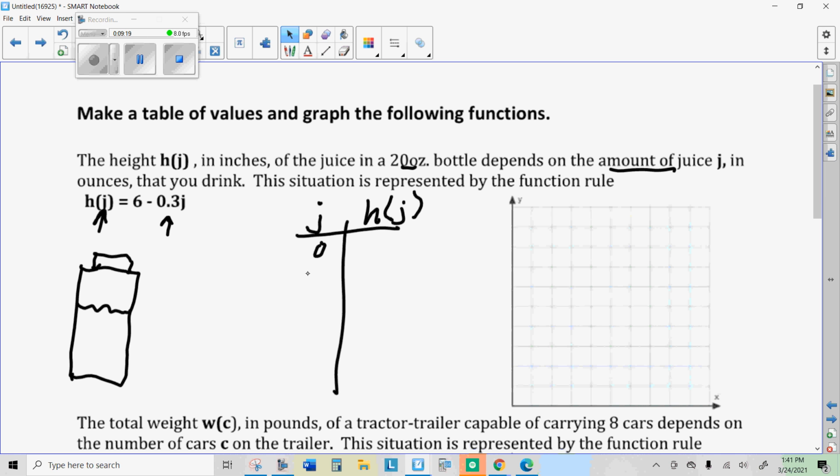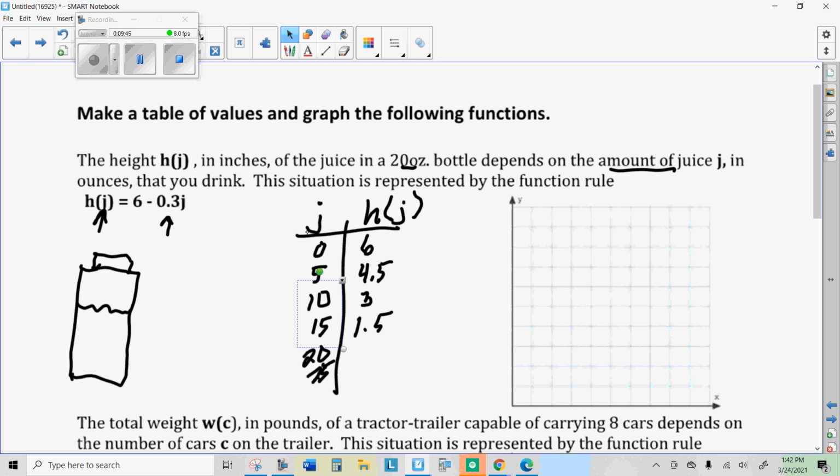So let's try and think of what would be good values. I'm going to go by 5 ounces at a time. Not exactly sure why, but we'll see if this works out. Yeah, that worked pretty good.